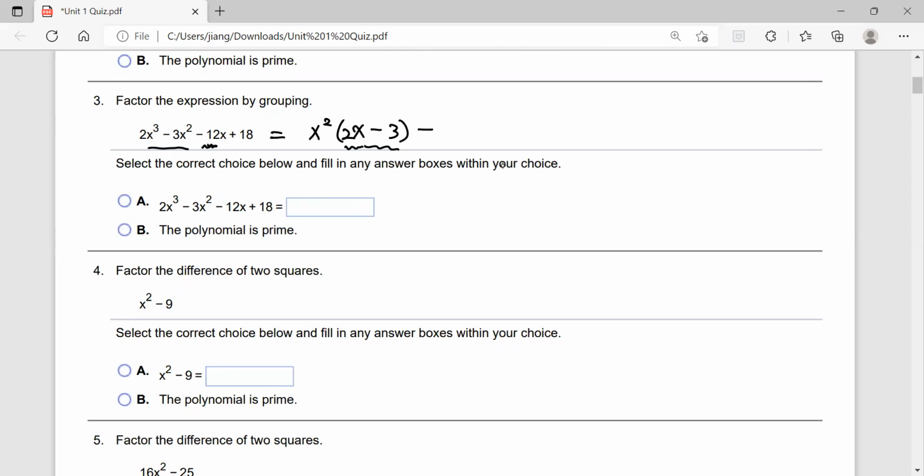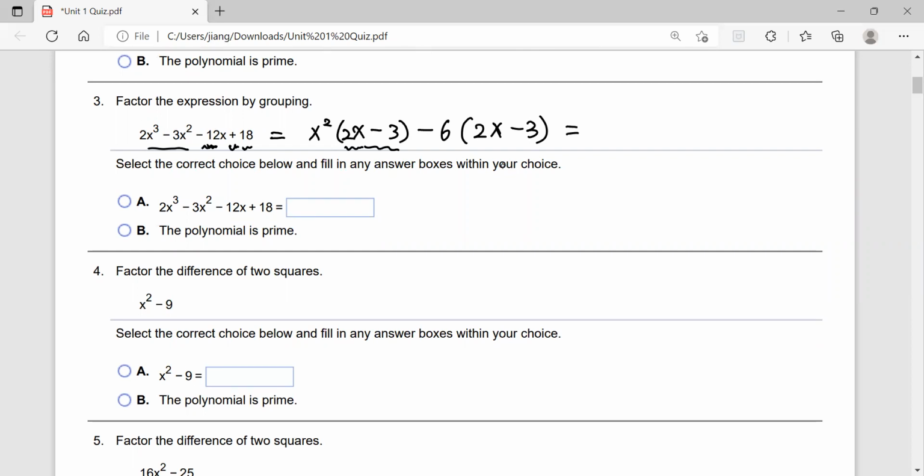So for 12 and 18, the GCF must be negative 6. So factor out negative 6. I have 2x minus 3, because when I factor out negative 6 from positive 18, I have negative 3 left.